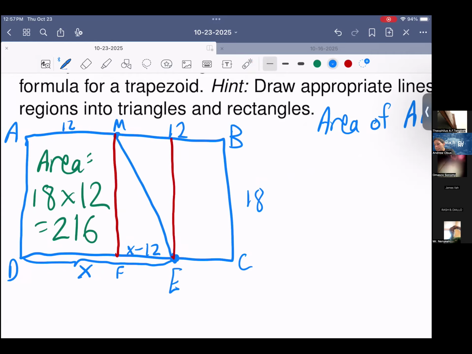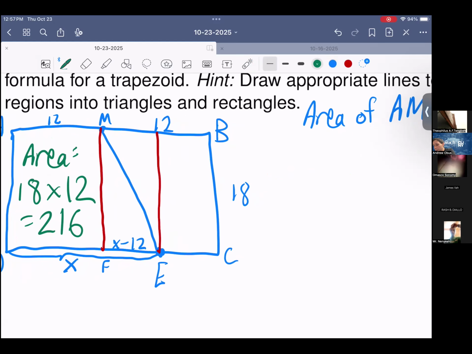And so that means that its area from the area formula of a triangle is going to be 1/2 times the base, which is X minus 12, times the height, which is 18. Okay, so I'm not going to simplify that right now.